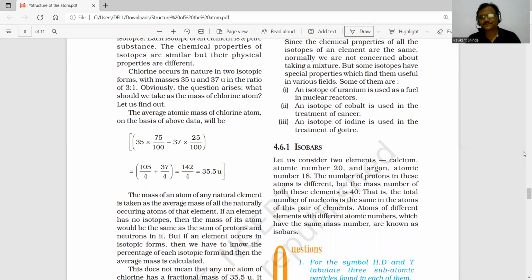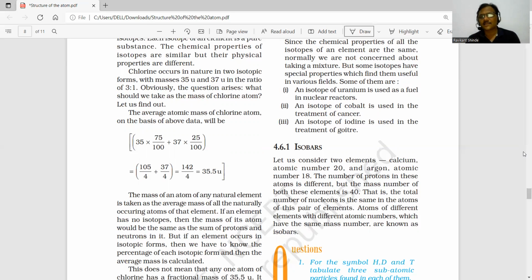Yes, anybody? Yeah, good. Argon. What is the atomic number of argon? Argon's atomic number is 18, but what is its atomic mass? It is 40. Then potassium. What is the mass of potassium?